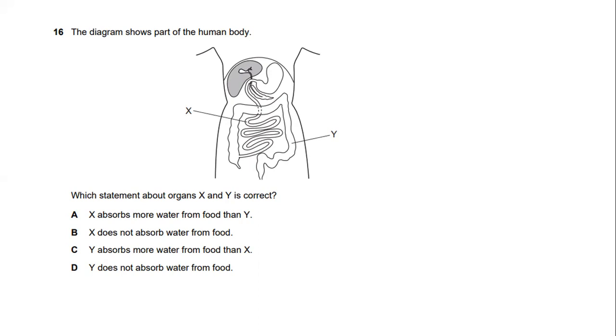Whereas the colon dehydrates what is left of the food and forms it into stool. So the answer for this is A. X, the small intestine, absorbs more water from food than the colon.